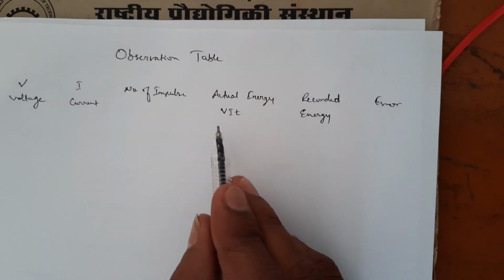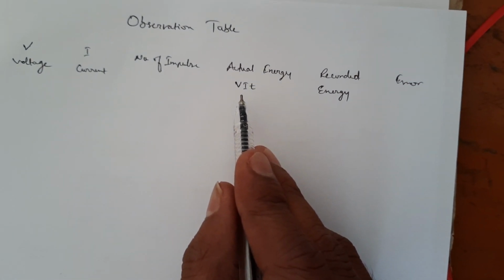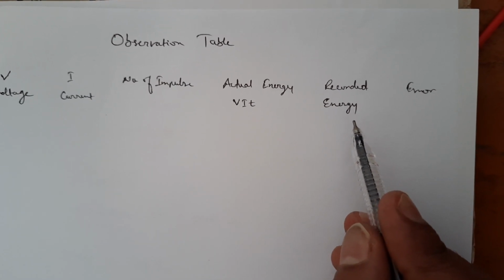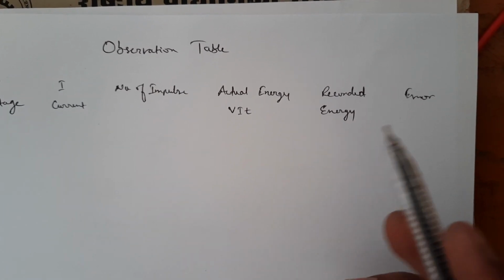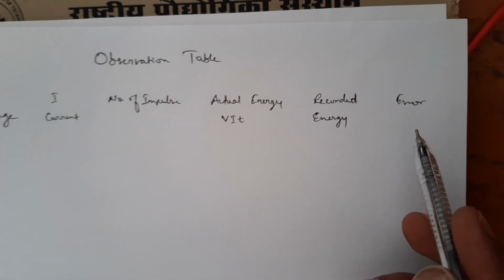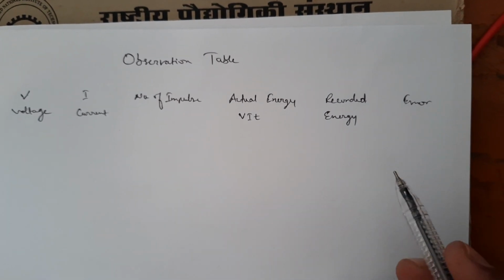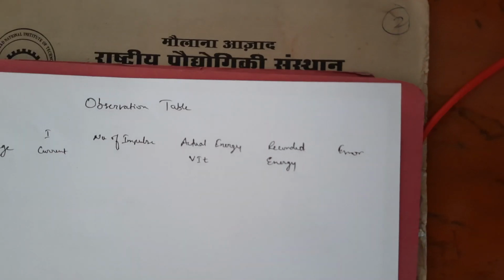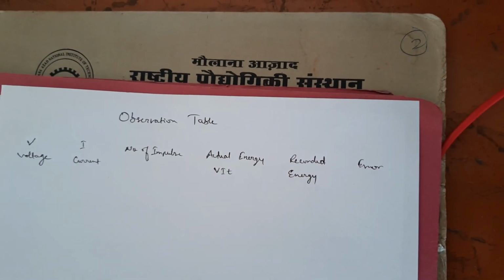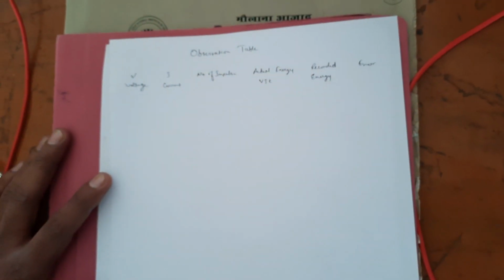Then the recorded energy will be calculated using the impulses in the energy meter, and then we will calculate our relative error, which is recorded minus actual value divided by actual value into 100. This will be your formula for error.